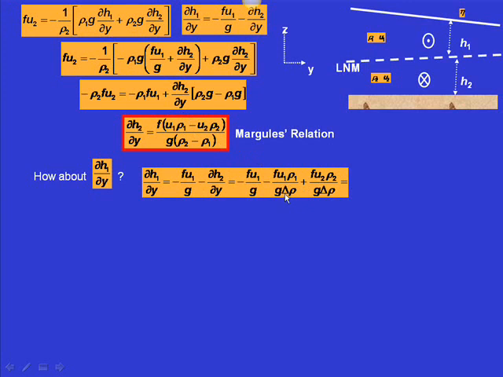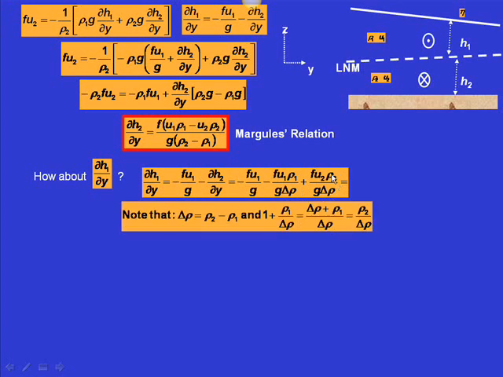Notice that now I've written delta rho as rho 2 minus rho 1. So again, this is the geostrophic balance in the upper layer, but now expressing dH2/dy in terms of the Margulis relationship.